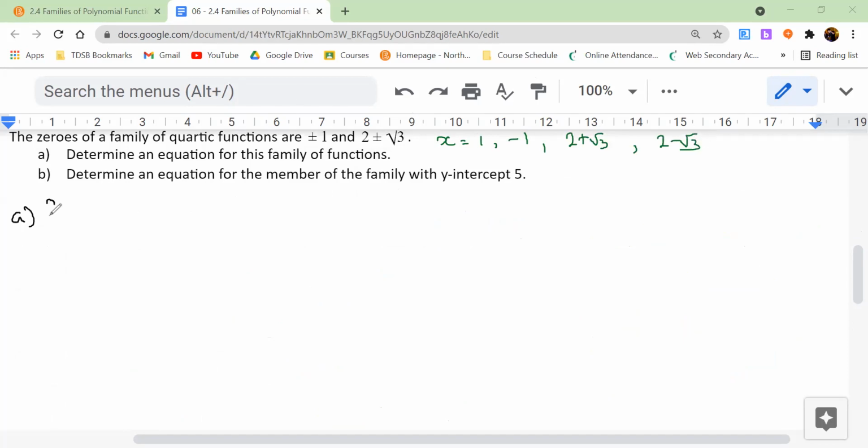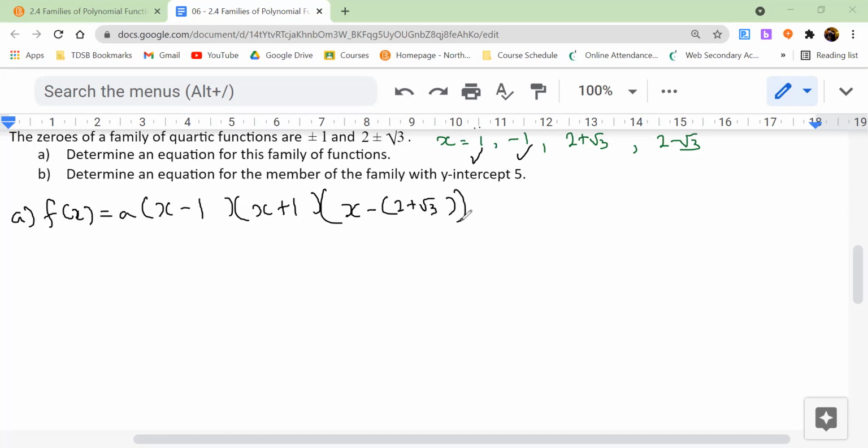So what would the family of functions look like? Oh, I might need more space here. This is going to be x minus 1, x plus 1. And then, here we go. It's going to be x minus your root.